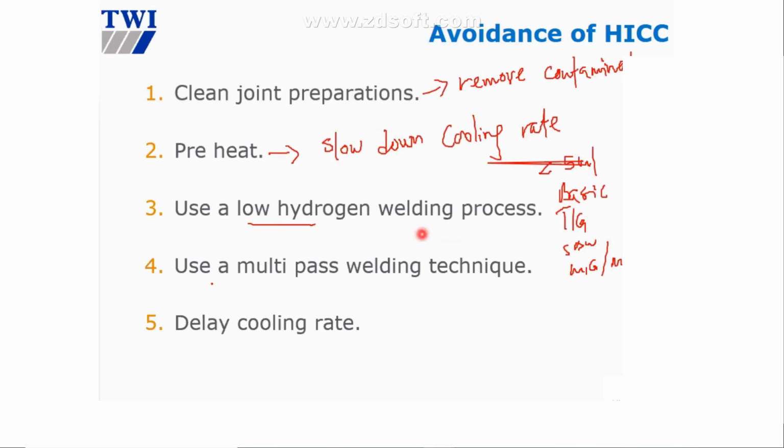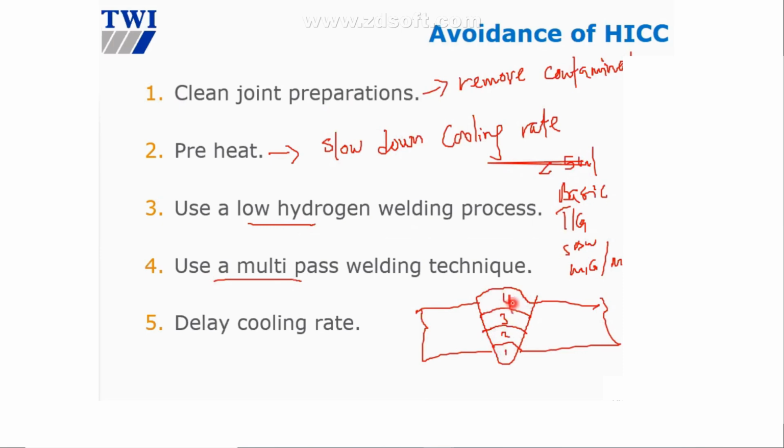Use multi-pass technique. Multi-pass, or sometimes they call it multi-layer. We have many layers, example 1, 2, 3, 4, 5, whatever thickness. The good thing about having multi-layer is we put one layer and then we put another layer.